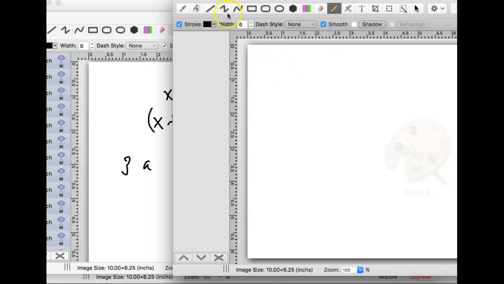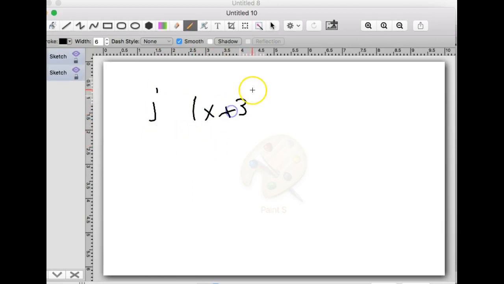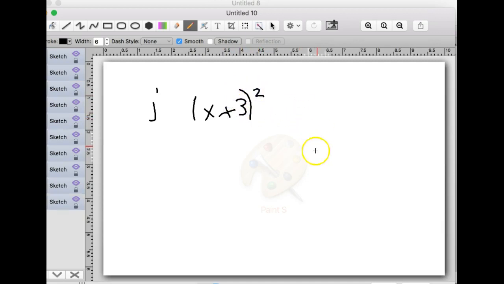How about, for example, j. So we have x plus 3 squared minus 4.